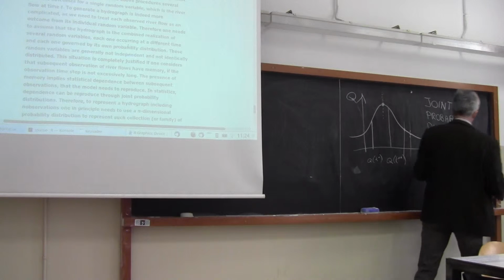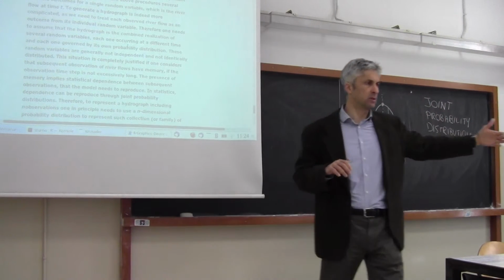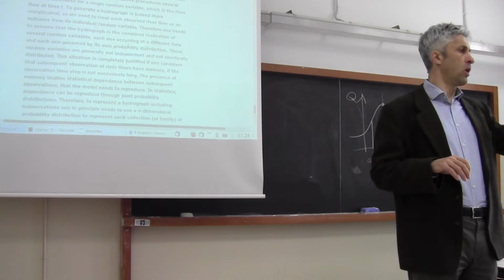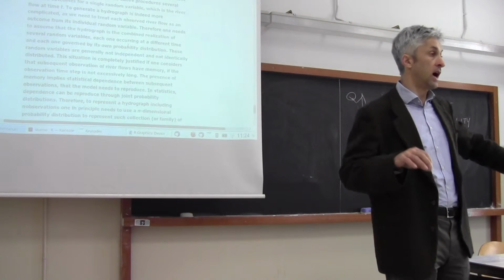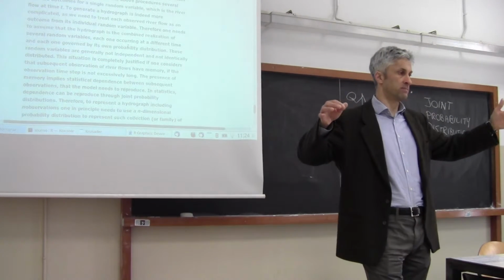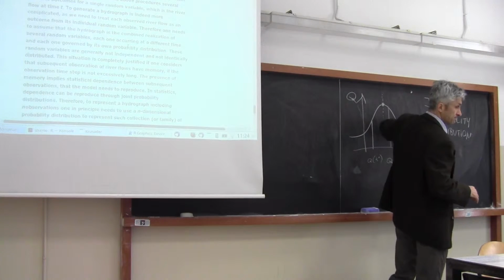So in words, it's not complicated, because from the random variable, which is governed by one probability distribution, you turn to a collection of random variables, which is governed by a joint probability distribution.